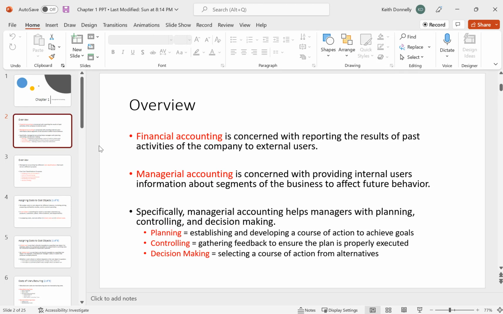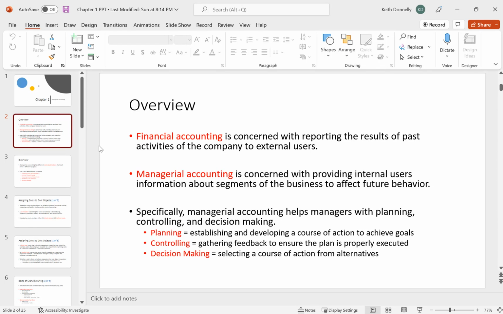Now, one thing with managerial accounting, if you really liked financial accounting, you may not like managerial accounting. If you didn't like financial accounting, you may like managerial accounting. And if you like financial accounting, you could like managerial accounting. Where I'm going with this is managerial accounting is a very different type of course.